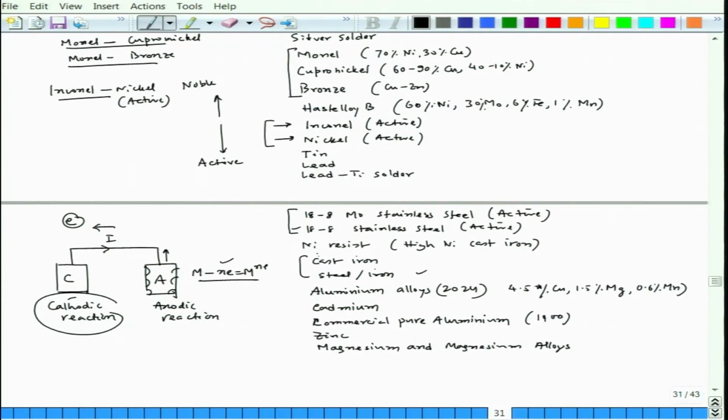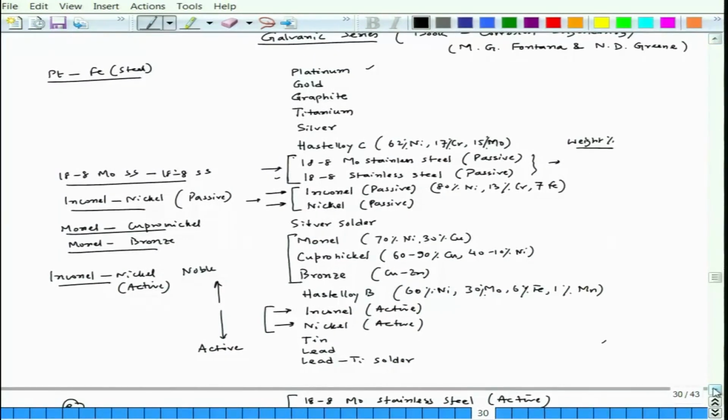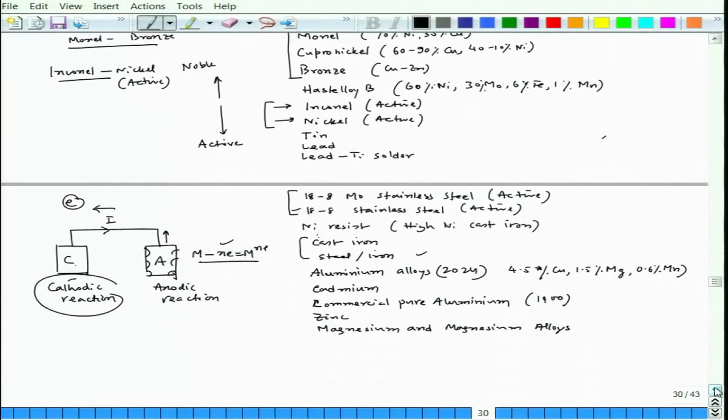So, corrosion would be faster in this particular situation, when the cathode and anode materials are sitting wide apart in the galvanic series. So, if we join platinum and steel or cast iron, the cast iron or steel corrosion would be extremely high, because they are wide apart in the galvanic series, and the current drawn by the anode from the cathode would be very high.